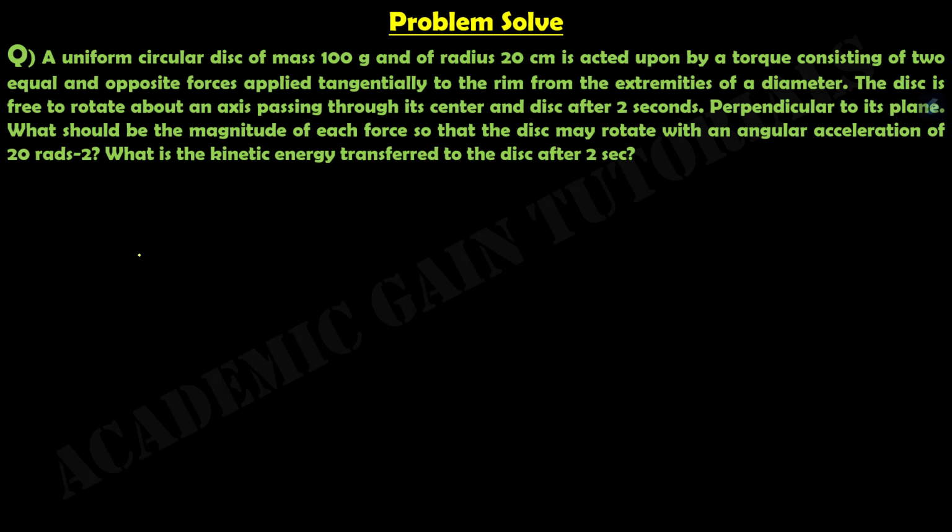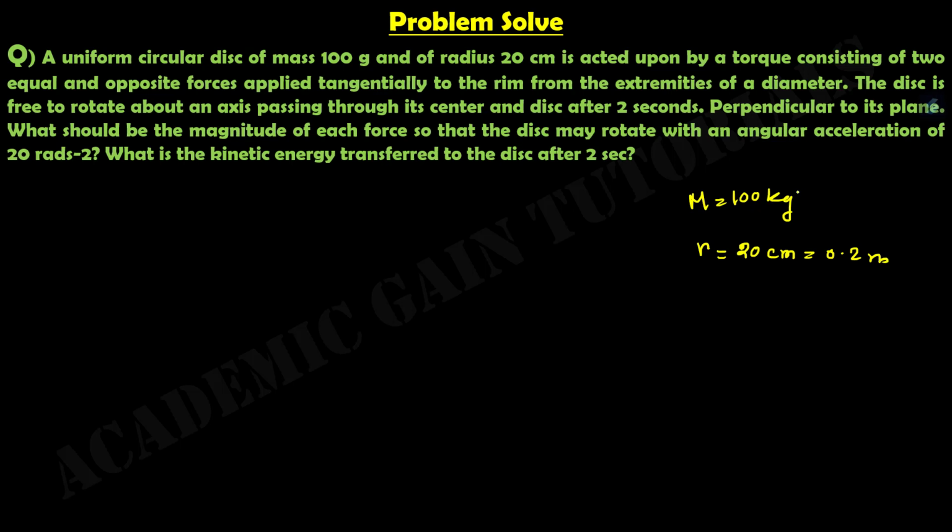Now coming to the third one. It says a uniform circular disc of mass 100 kg. So here our mass m equals 100 kg, and radius of 20 centimeter, so our radius r equals 20 centimeter. We take this as meter, it will be 0.2 meter.